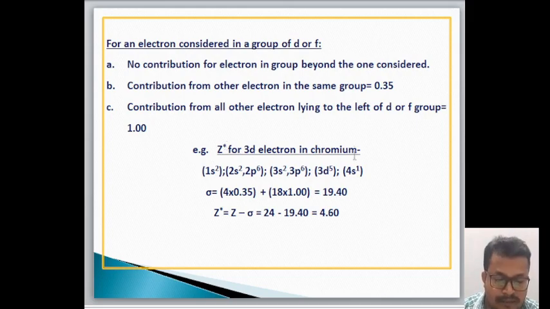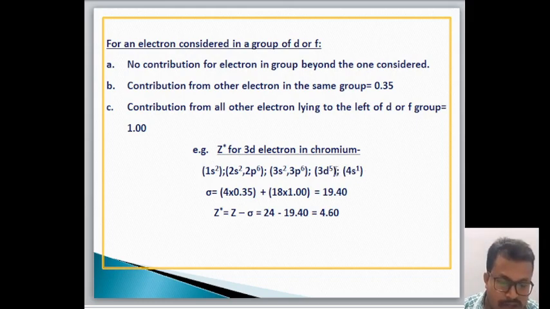So we first group the electronic configuration of chromium: 1s2, 2s2, 2p6, 3s2, 3p6, 3d5, 4s1. We are going to find out the screening constant for this 3d electron. According to rule number 1, we need not consider the electrons present beyond this group. That means we need not consider this 4s electron.